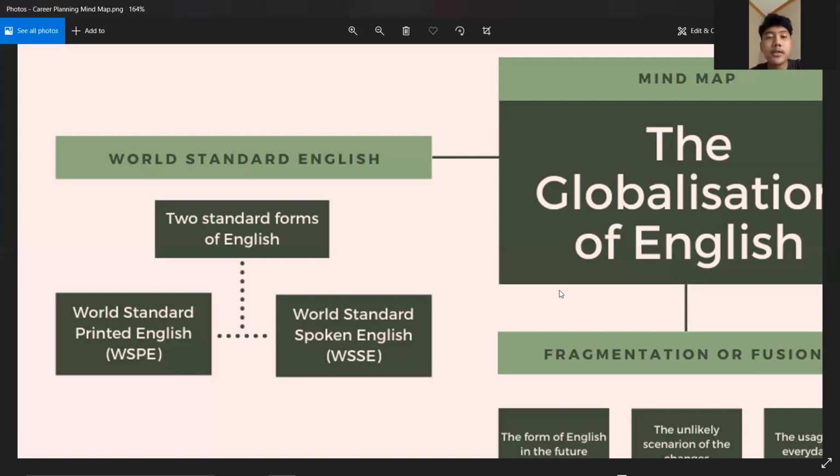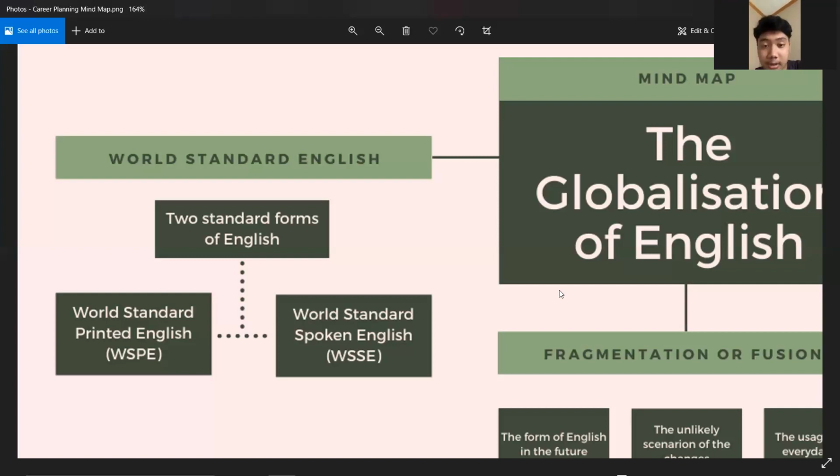In spoken English, people will avoid idioms that are used in certain countries only. So there is a certain degree of simplification.